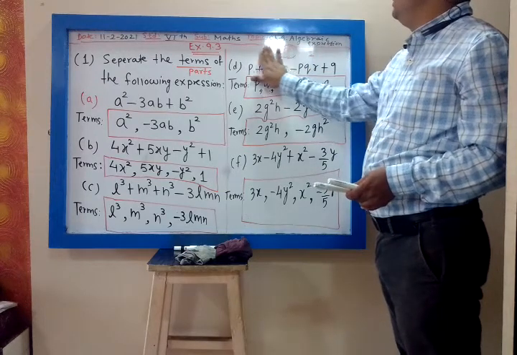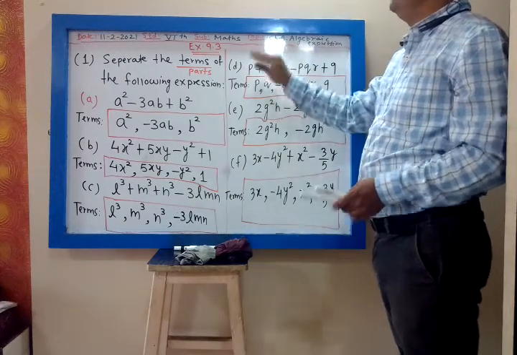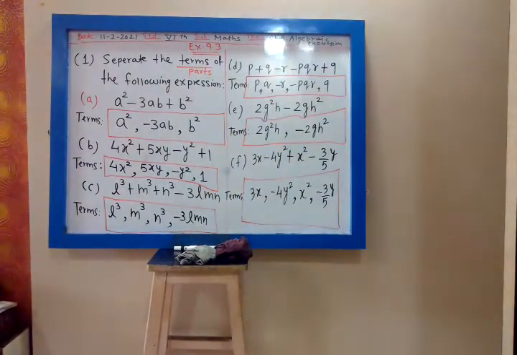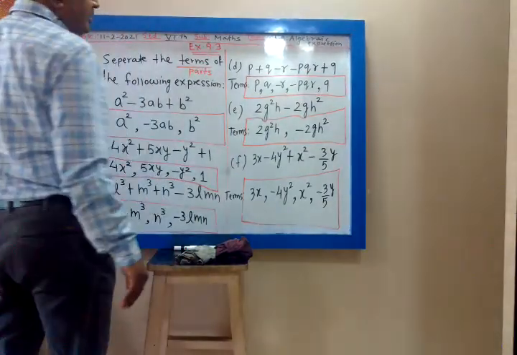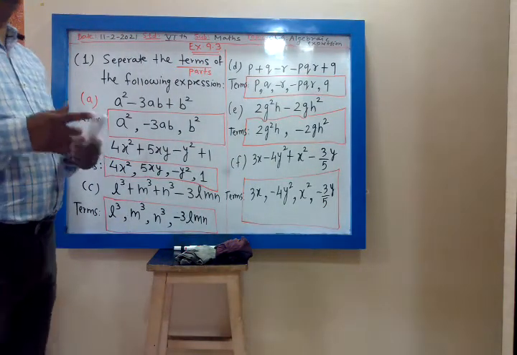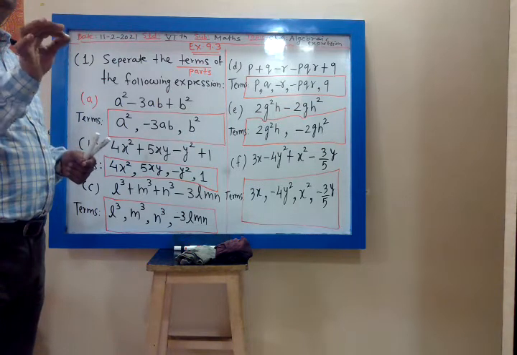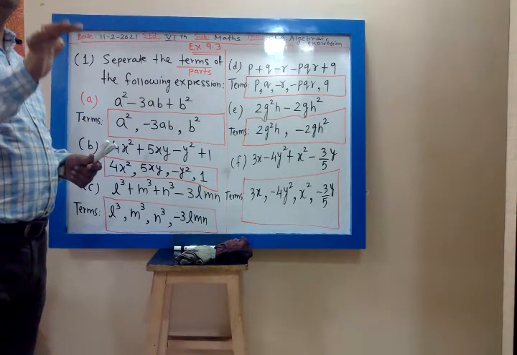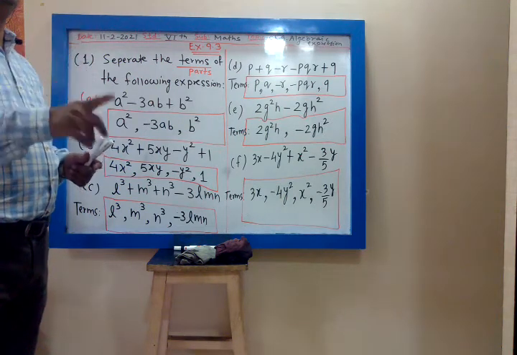Yes, very good. No sign means plus sign. But minus sign we always write. In mathematics we don't write plus 2. If we write 2, it is assumed that 2 has a plus sign. But if it is minus 2, we definitely write minus.